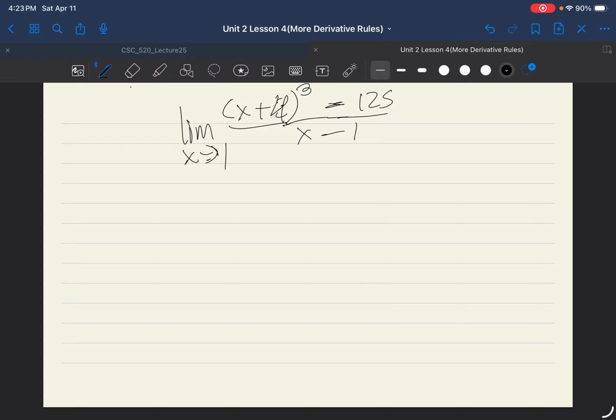So we're going to take this, and we're going to obviously see that this function, x plus 4 cubed, is going to be our f of x. And if we know that, we can pretty easily just expand this and get our answer.